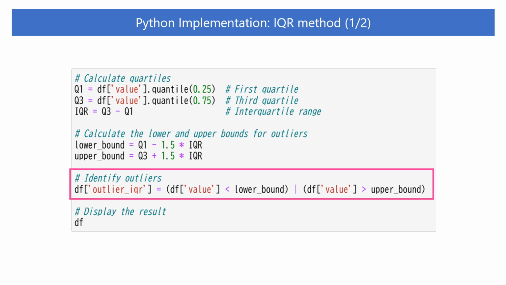In the next block, values smaller than the lower bound or larger than the upper bound are selected and stored in a new column called Outlier IQR. This new column contains Boolean values, true if the value is an outlier, and false if the value is not an outlier.